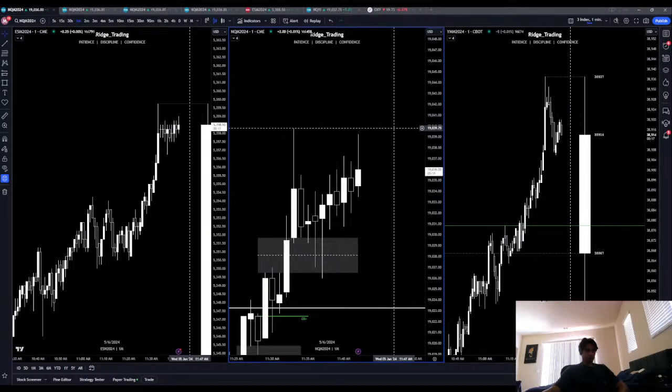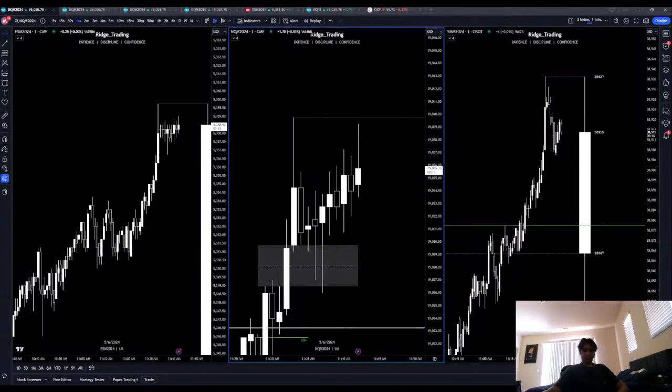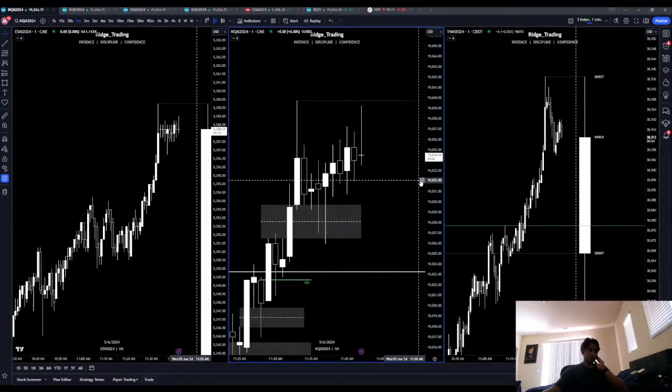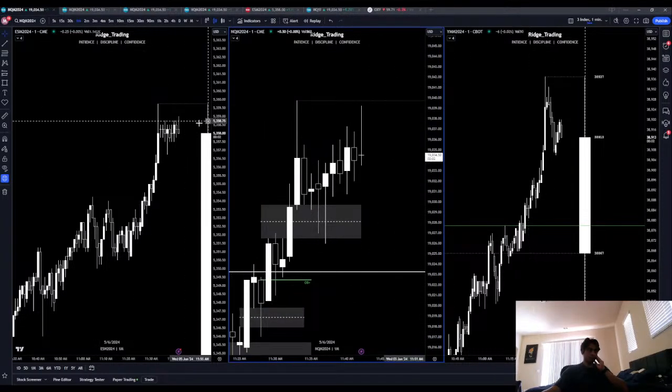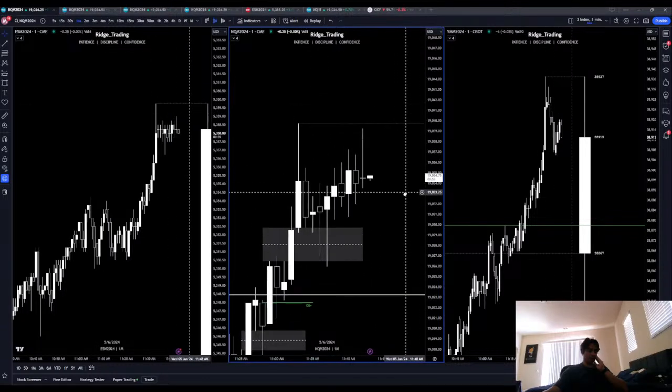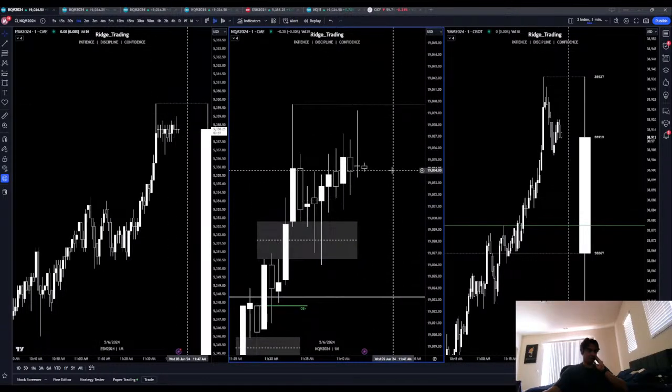There it goes. We're probably gonna hit this liquidity here in a second. No SMT yet, so still no reason for it to knife yet.